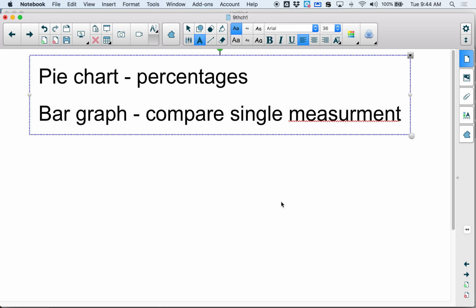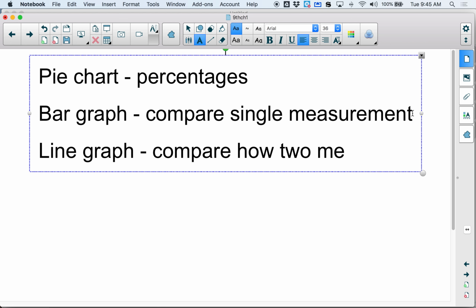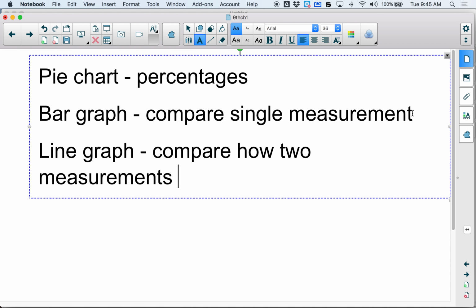Oops, should probably spell measurement right. But then what did we say a line graph is good for? Comparing how two measurements relate to each other. So compare how two measurements relate.